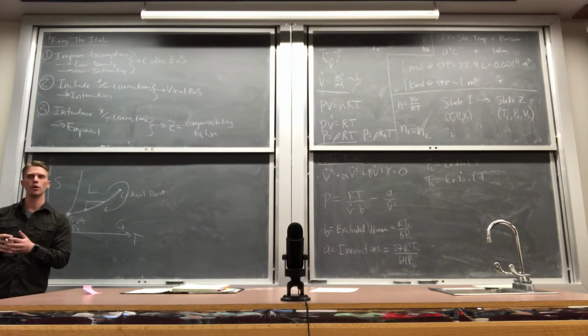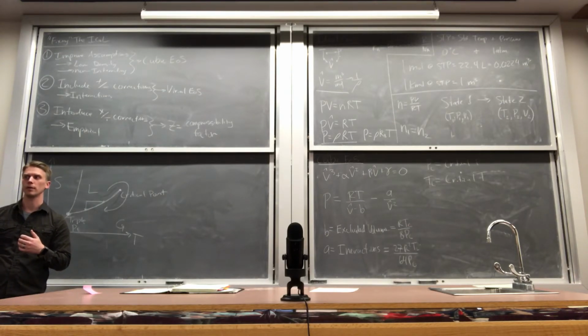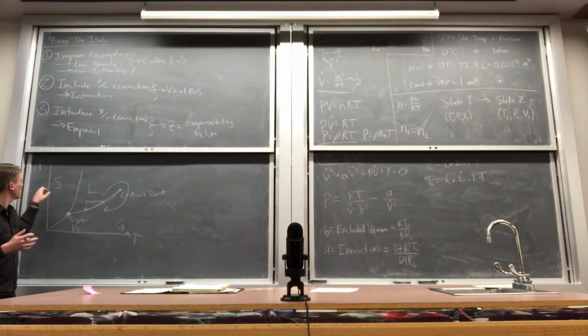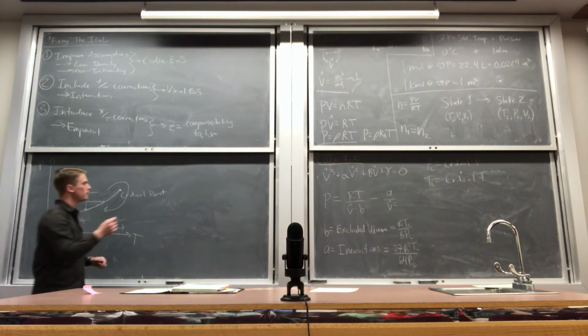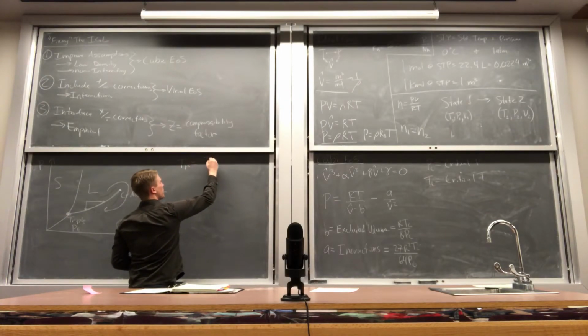So fluids boil when they reach their vapor pressure. The vapor pressure of water at 100 degrees C is 1 atmosphere. That's when the vapor pressure of the water meets the pressure of the surroundings. The critical point is the vapor pressure at the critical temperature. That's PC and TC. Now the reason for this is if we look at TR, that's reduced temperature.